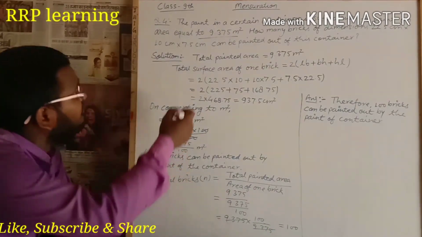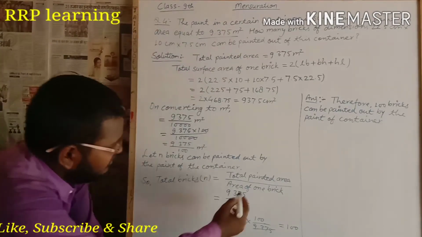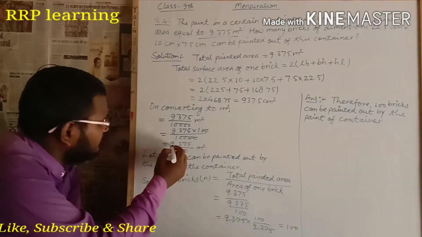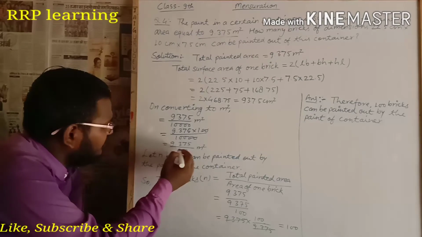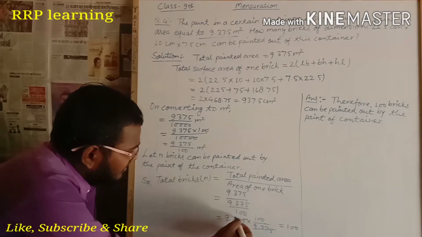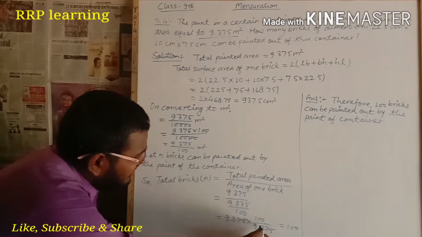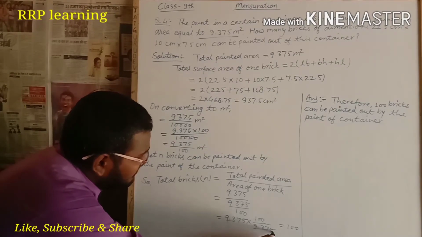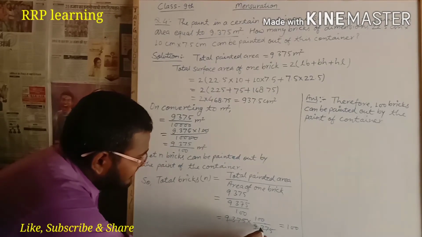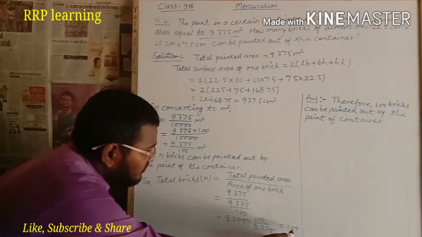Total painted area 9.375 upon area of one brick 9.375 upon 100. 9.375 upon 100 equals 9.375 into 100 upon 9.375. 9.375 cancelled by 9.375 equals 100.